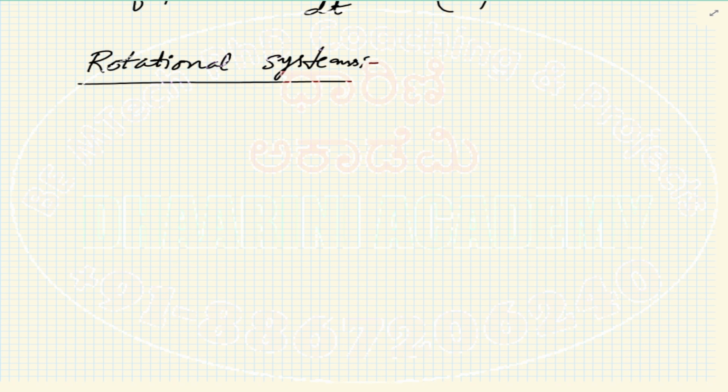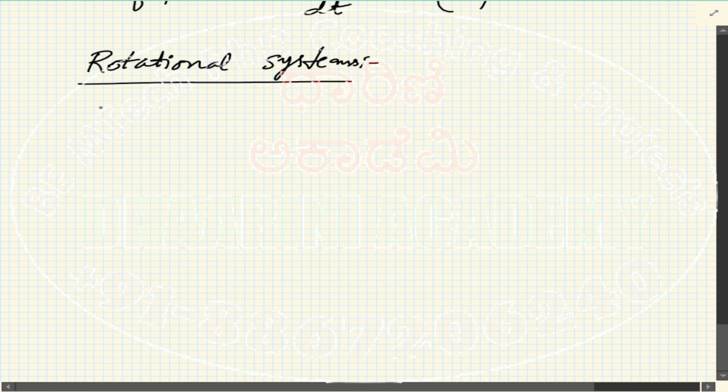As soon as we see the word torque, we will understand that there is a rotational part inside this machine, and the response is in terms of rotations, RPM mostly, not displacement or acceleration. So just to differentiate that, here we have the torque coming into the picture. Torque generates rotation in the system.